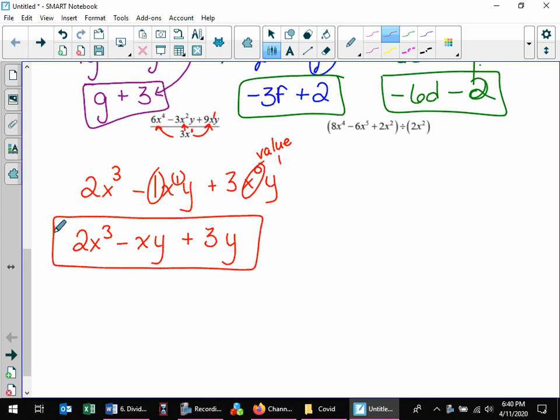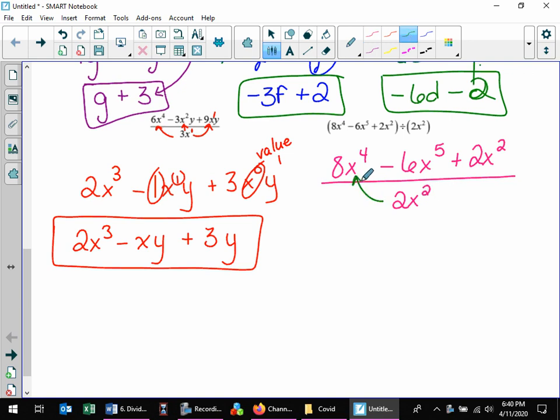All right, so I'm going to write this one down in fraction form because it helps me. So I've got 8x to the exponent 4 minus 6x to the exponent 5 plus 2x squared, and that's all over 2x squared. So 2x squared has to go into all 3 terms. So I like to write my arrows just to remind me. So 8 divided by 2 is 4.